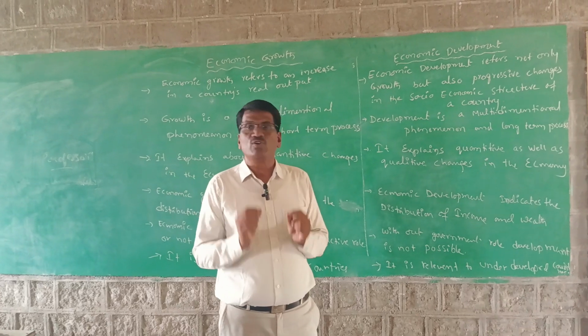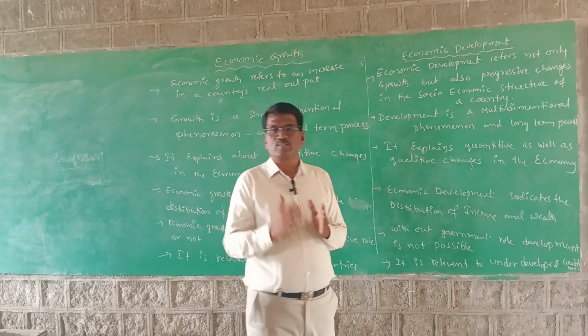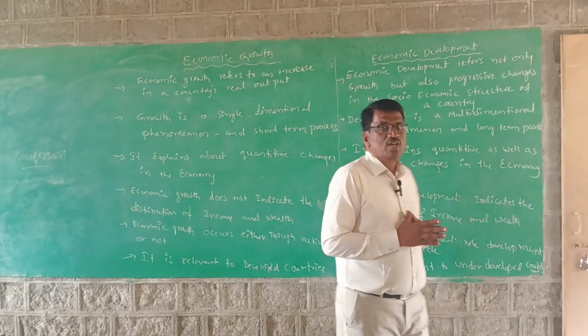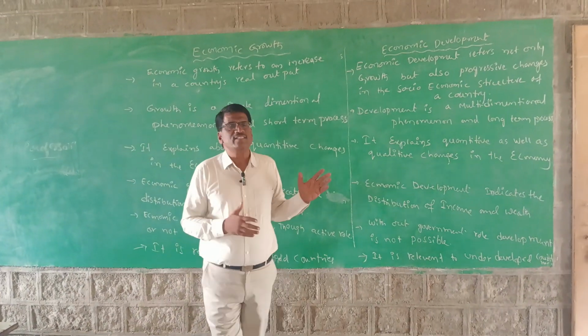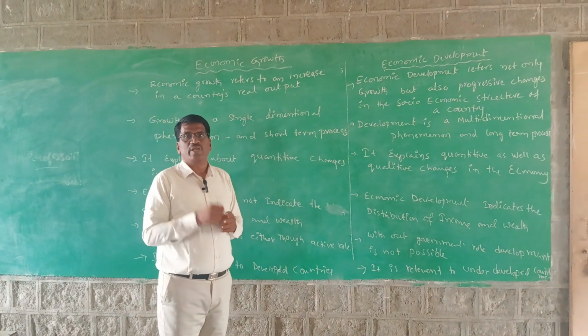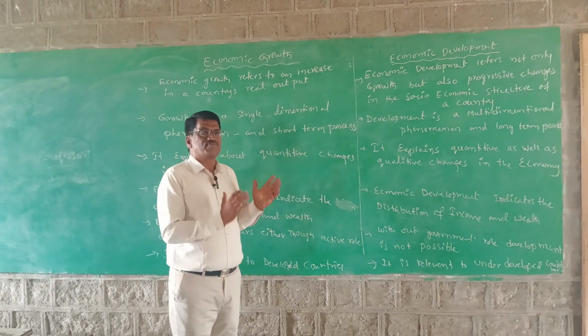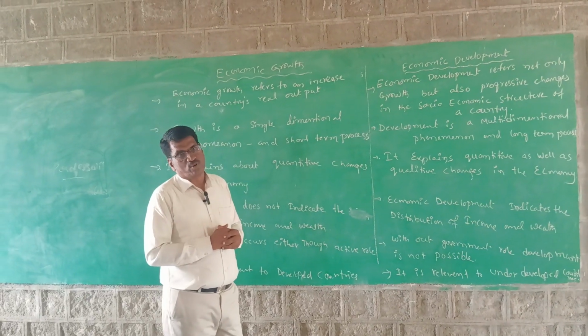First of all, we have to know the economic growth definition. Economic growth means it refers to an increase in the real output of that country. An increase of real output in that country is called economic growth.